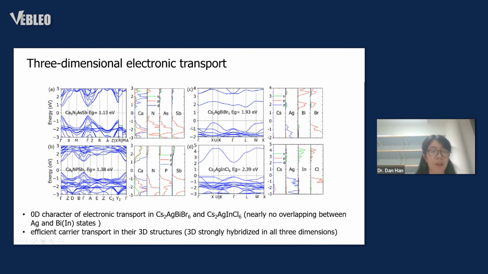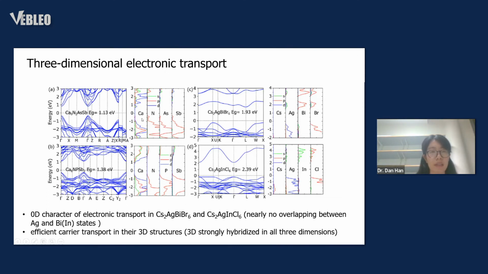But for our promising quaternary antiperovskites, all components contribute to the valence band, which leads to a very strong hybridization in all 3 directions. And the conduction band minimum is dominated by the cation.